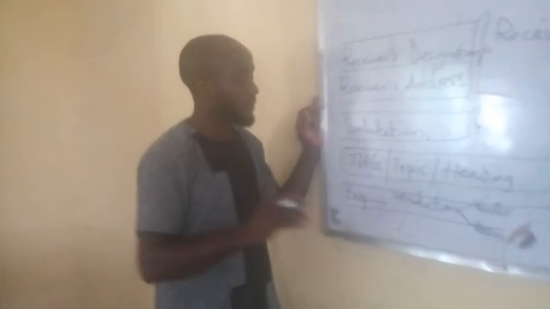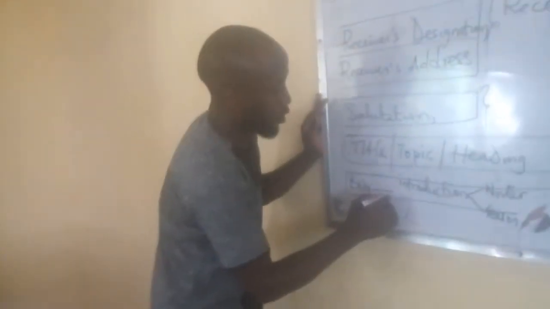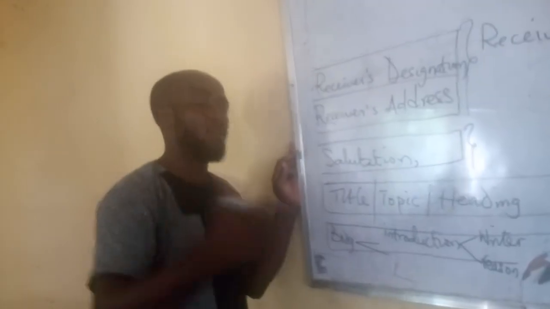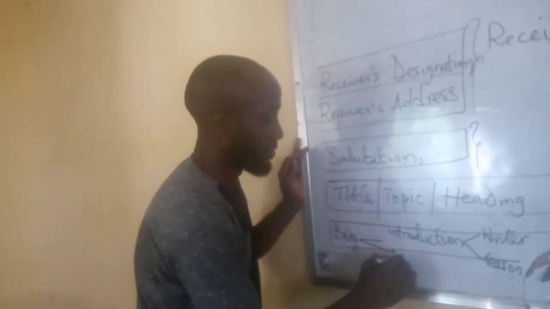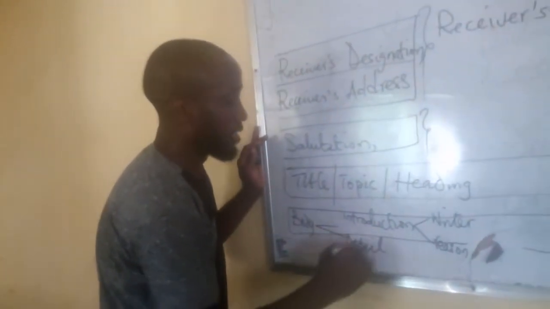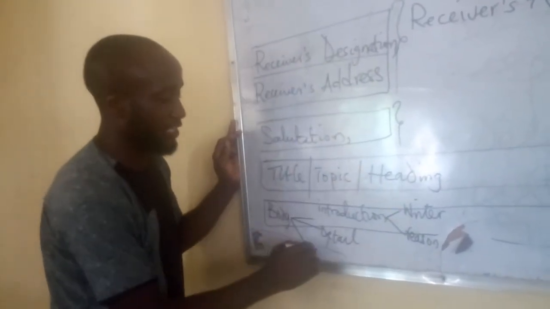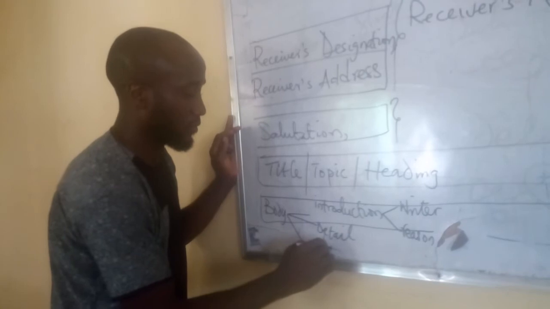Then under the body we also have the main body, or what we call the detail. And finally, the last part of the body is the conclusion.